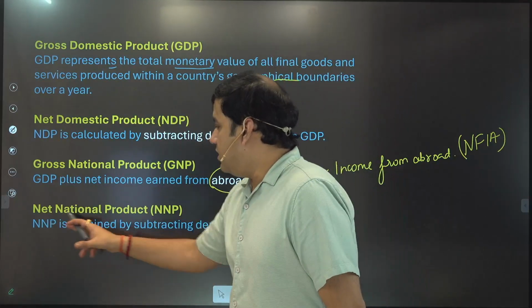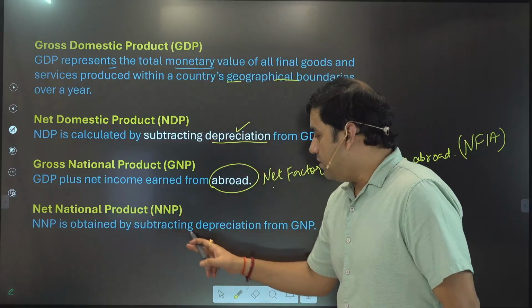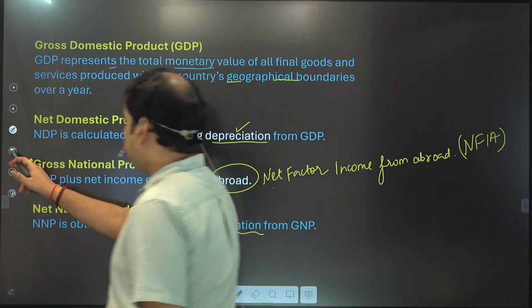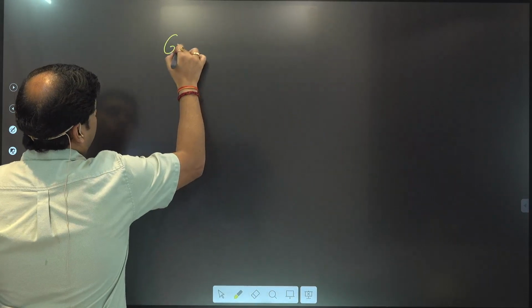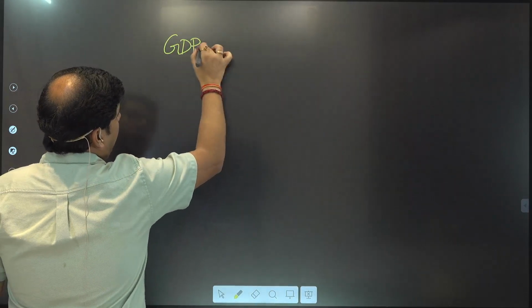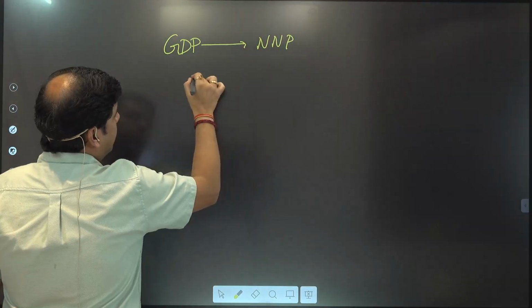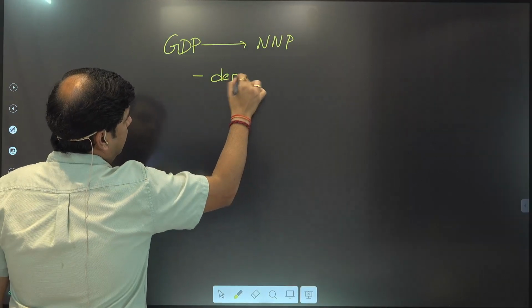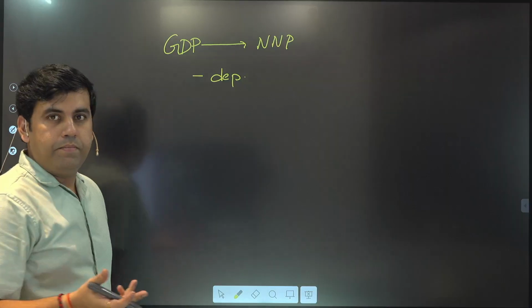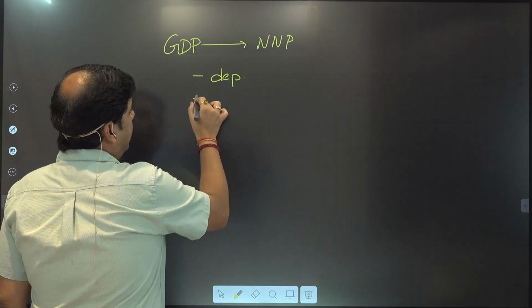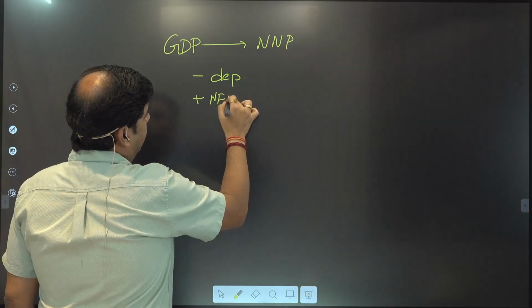Then comes the net national product, obtained by subtracting depreciation from GNP. So GDP is converted into NNP by subtracting depreciation and adding net factor income from abroad.